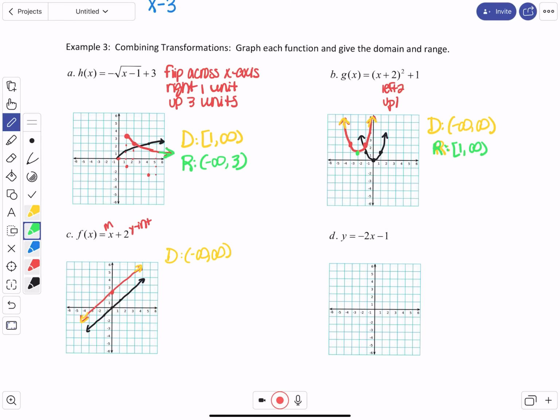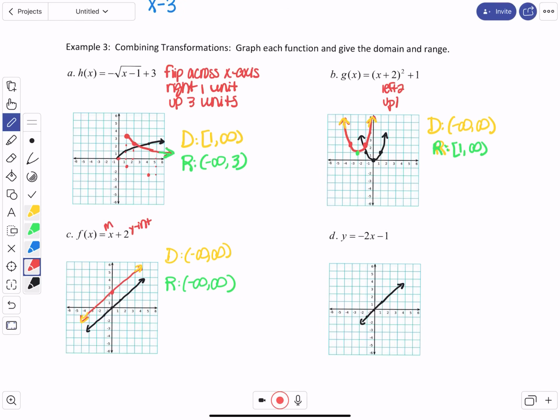And for our range, how far down is it going? Well, it's going down forever, and it's going up forever. So it's going from negative infinity to infinity. Okay, so last one, once again, this is a straight line. So here is our parent function.